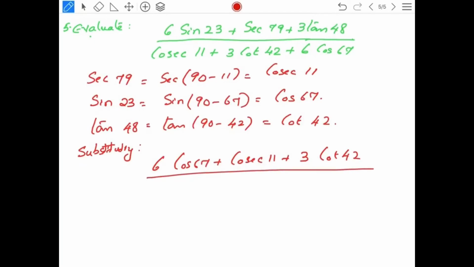By the denominator, if you see, it is the same. You can rearrange it: cosecant 11 plus 3 cot 42. So you can cancel the numerator and denominator. So it is 1.